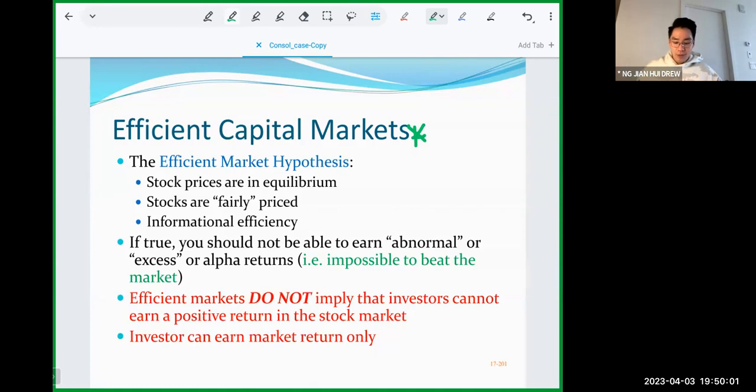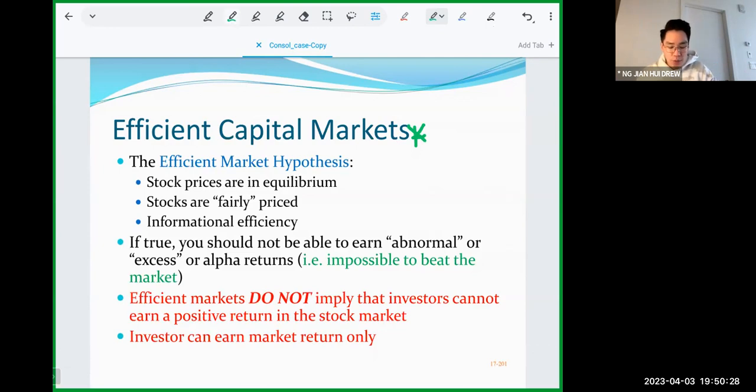So once we know that, let's go into the details. How does the efficient market hypothesis suggest that you cannot get abnormal return? Basically, the hypothesis says that you should only get the normal market return. And why?